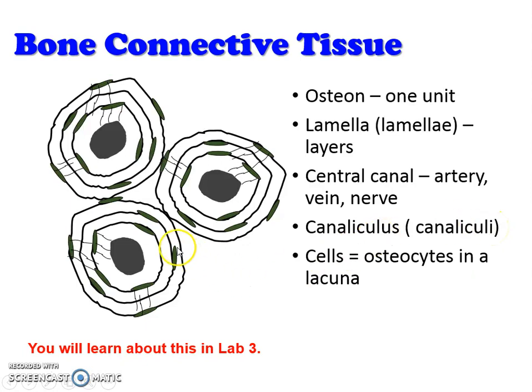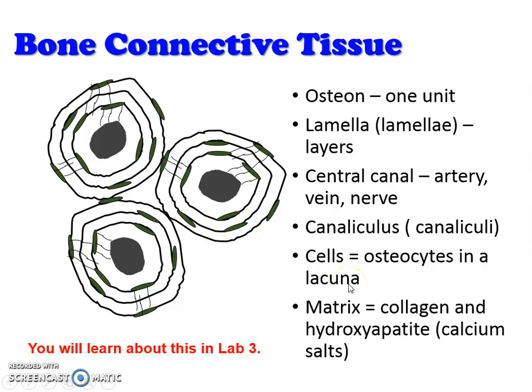Now, the cells that we find here in bone connective tissue, you can't actually see. The process of slicing and preserving these tissues is going to destroy any of the cells, but they would be osteocytes, mature bone cells, if we could see them. But they're located in a hole, in a space in the matrix, and the name is the same that we used for cartilage connective tissue, which is called lacuna.